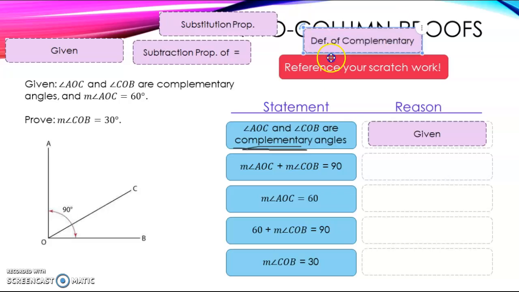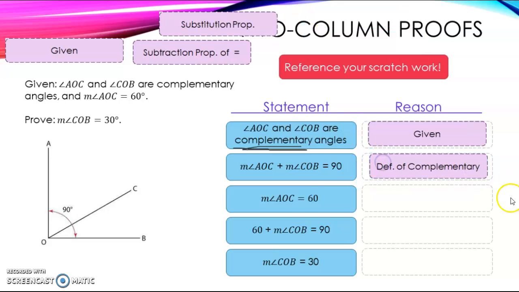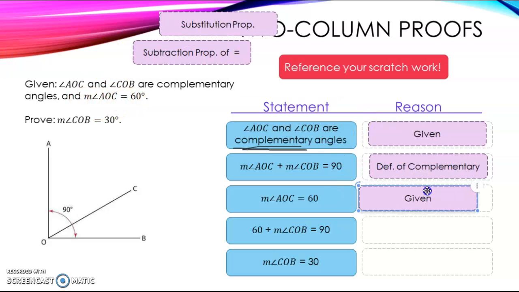So that's the definition of complementary, that those two would add up to 90. Okay, so how did we get to step 3? Why is AOC equal to 60? Well, that was given in our problem here. So that's a scenario where given isn't always going to be at the top, but we're still starting with what's given.